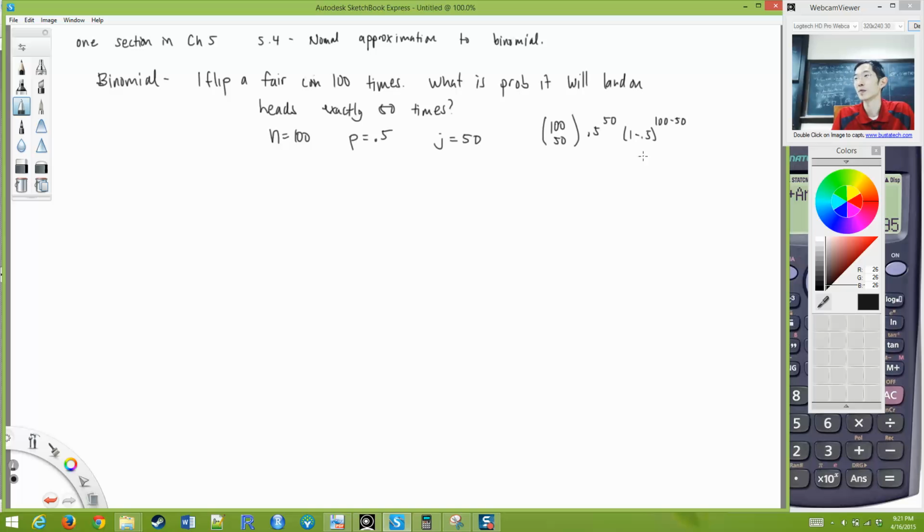Okay, so I did this quickly because I'm assuming it's familiar. All right. What if I made this more complicated and I say same thing, but I flip a fair coin 100 times, and I ask, what is the probability it will land on heads 60 or more times?